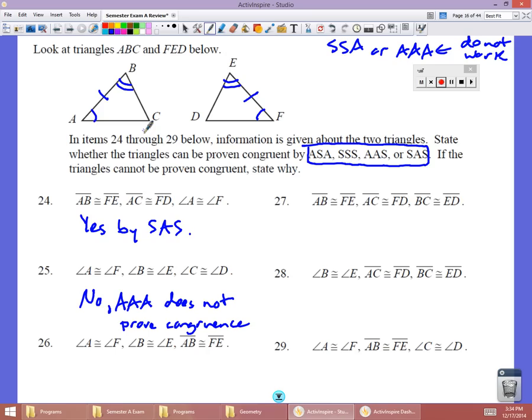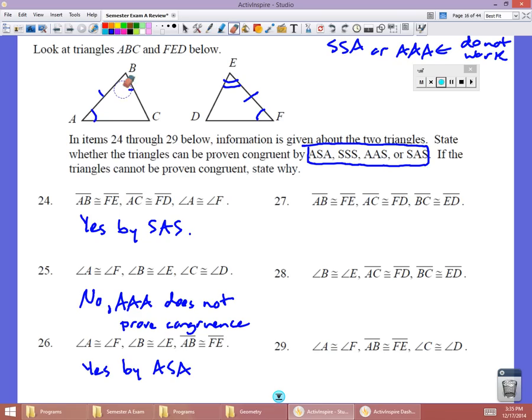This time we have two angles and a side. That could be angle side angle or angle angle side, which both work. The question is whether the side is included or not. In this case it is included, because it's in between the two angles. So in this case we'd say yes, by angle, side, angle.